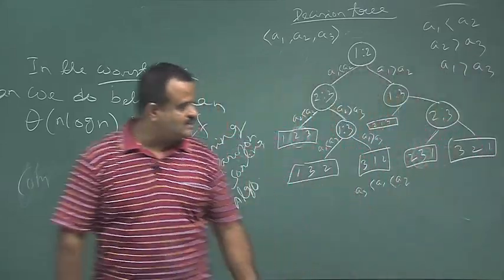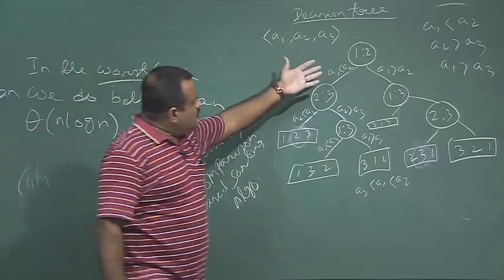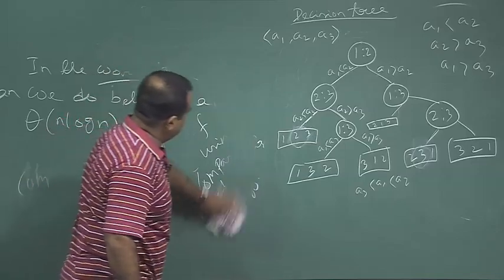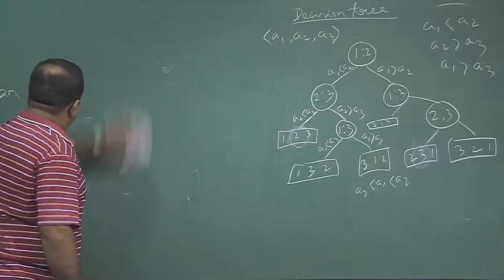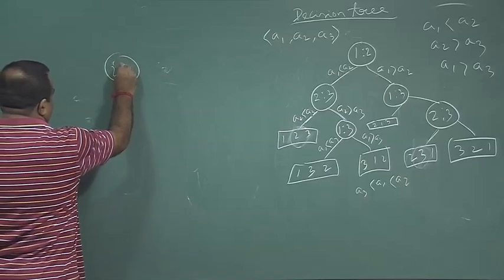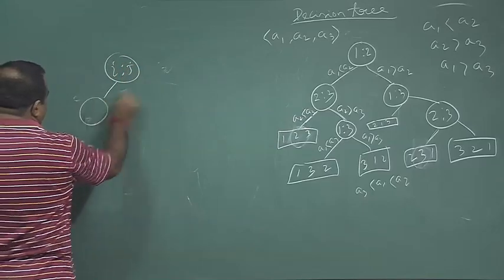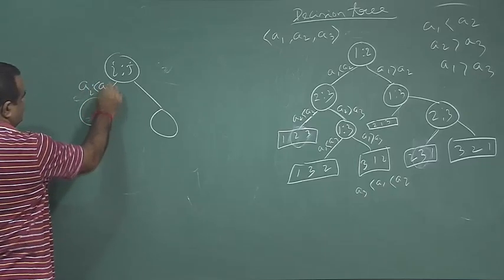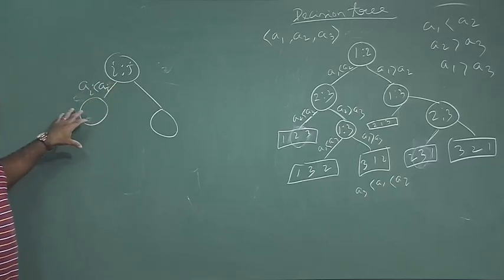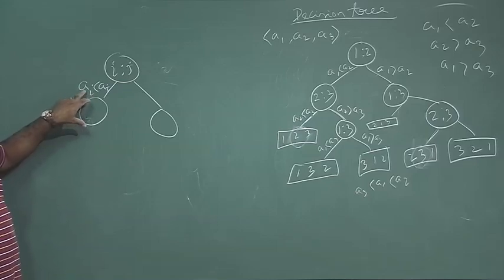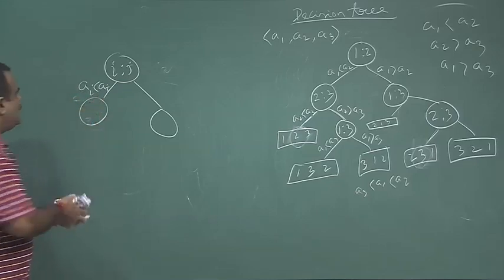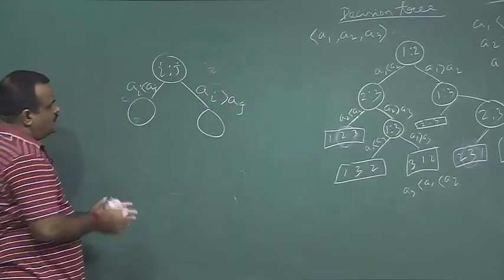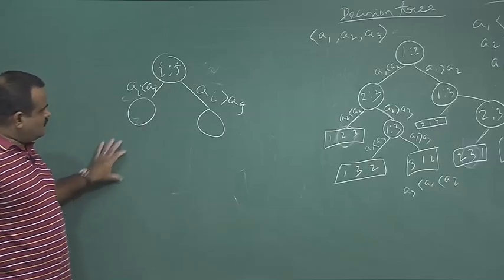So, this is the decision tree where each label is denoted by i:j, and this is the path we follow if i is less than j, and this is the path we follow if i is greater than j, and then we do the subsequent comparison here and here and we reach a decision.